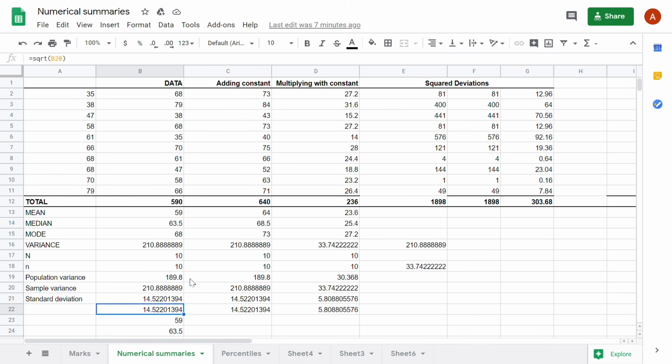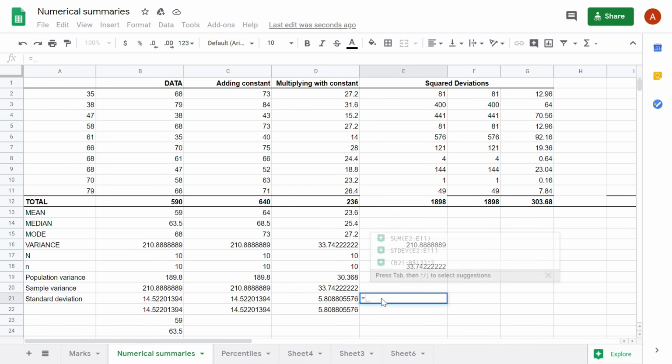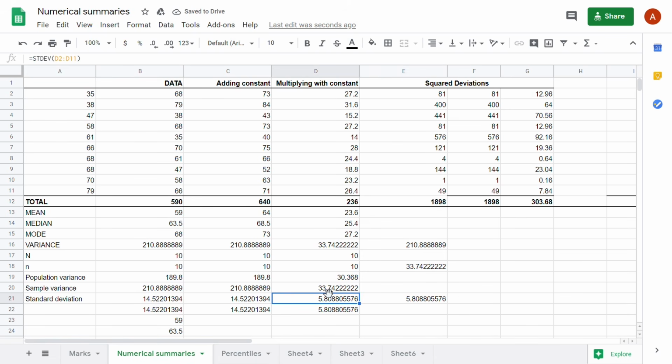I can see that when I add a constant, the standard deviation remains the same. You can see that the standard deviation for these two, the highlighted columns, are the same. Whereas when I multiply with a constant, you can see that the standard deviation is 5.808. You can verify this is 0.4 times my standard deviation, and you can see that is equal to my standard deviation after multiplying with the constant.